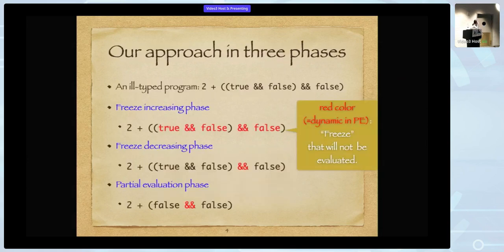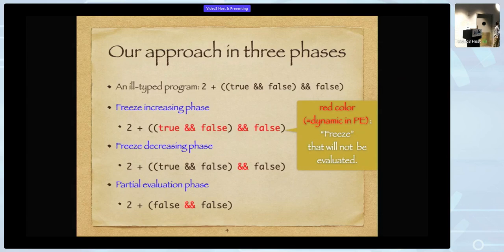To obtain the partially evaluated result, we use these three phases. We assume we use the input plus 2 and false. This program is of course ill-typed because the second argument of this expression is Boolean, but plus is applied to it, and the type of plus is int to int.